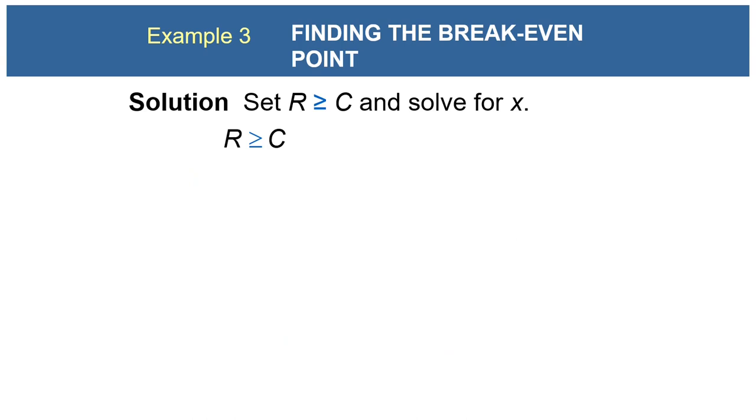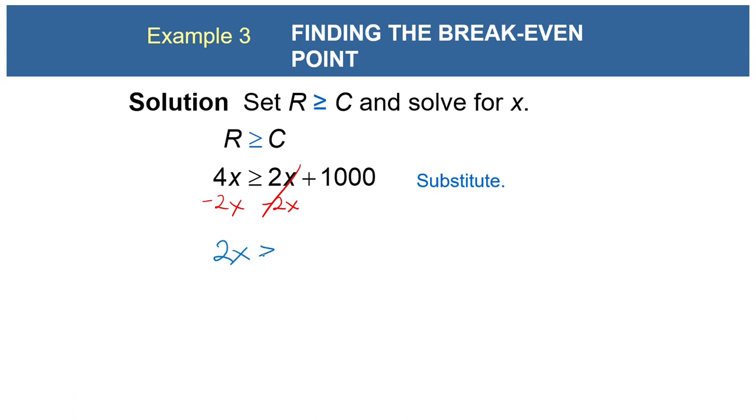R greater than or equal to C means 4x is greater than or equal to 2x plus 1,000. Now I can solve this for x. Let's subtract 2x from both sides. We have 2x is greater than or equal to 1,000.